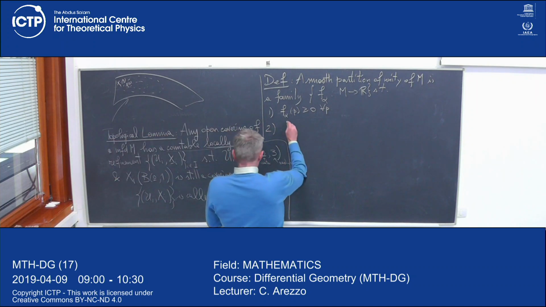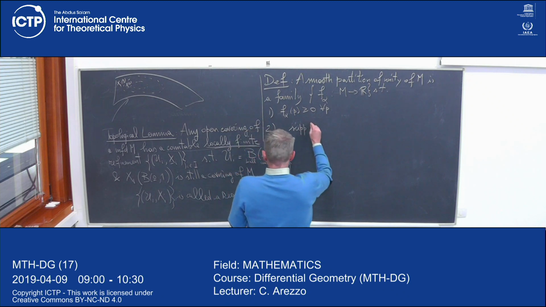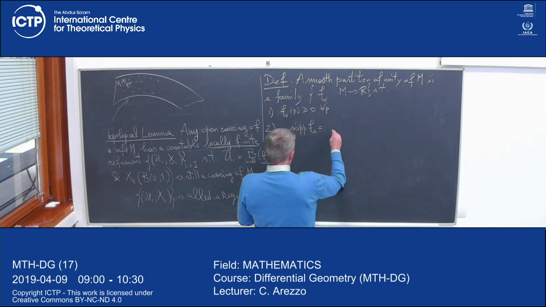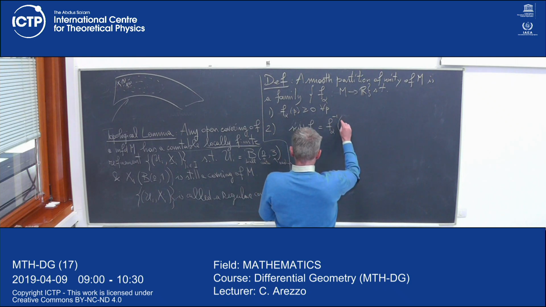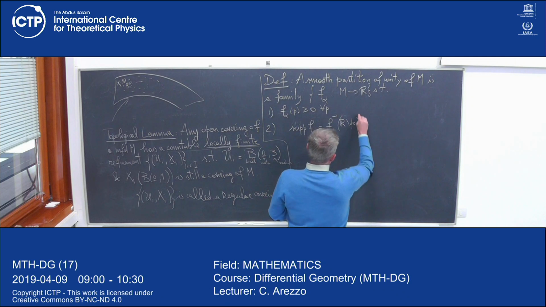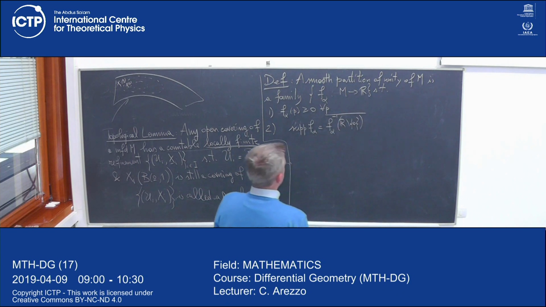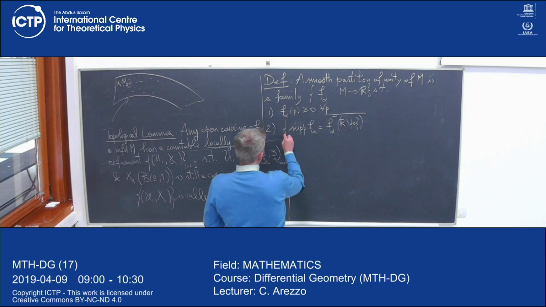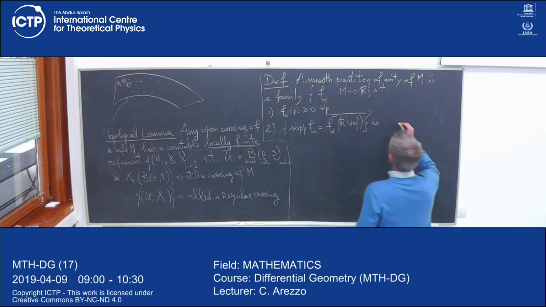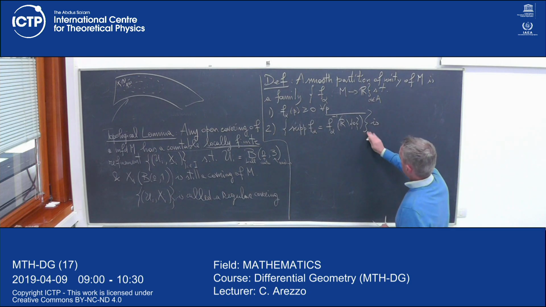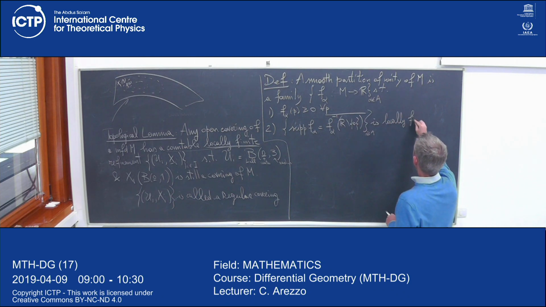And then, if I take this collection of f alpha, the supports of f alpha, which by definition are the closure of the set where the function is non-zero, I want this family, alpha varying in some family of indices A, to be locally finite.